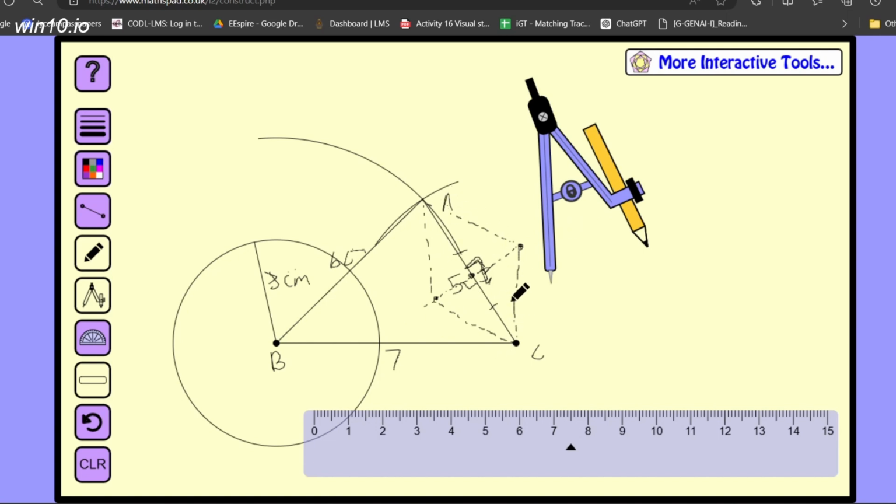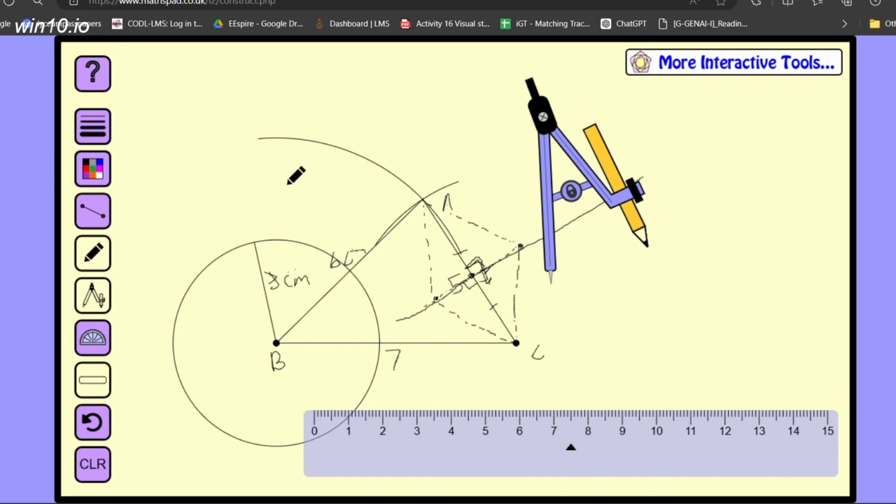So the perpendicular bisector of AC is the locus of points that are equidistant from A and C. Okay, we can draw that too. Now this is our locus.